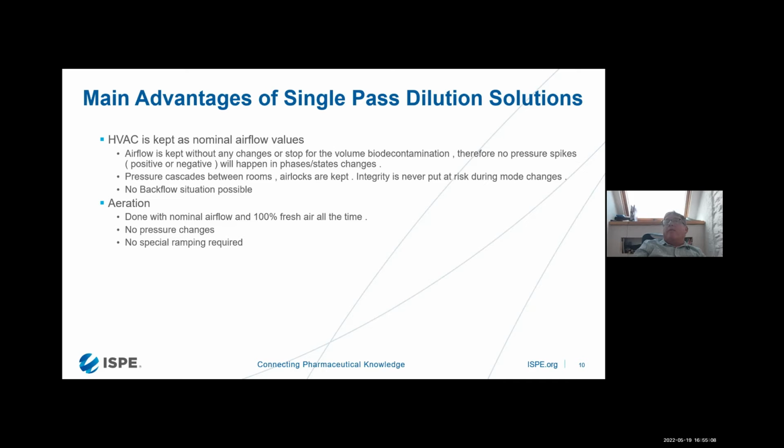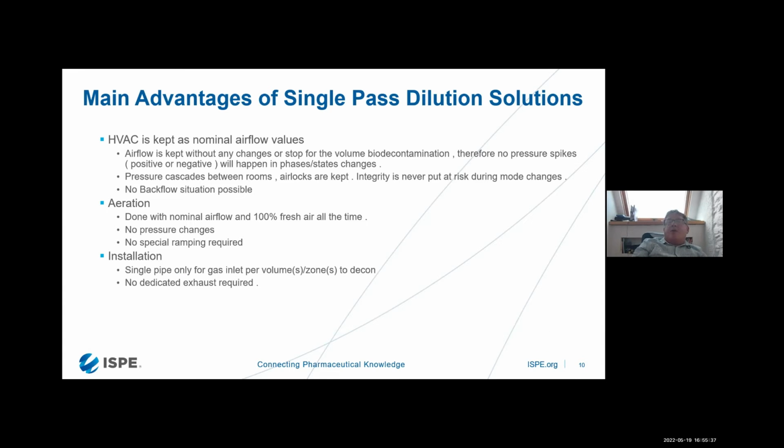Aeration is done with the HVAC at the same nominal airflow. We don't change anything, so we don't change the pressure. There's no special ramping required. As I said, there are many times pressure spikes when people restart the HVAC. To try to avoid that, ramping is installed in the HVAC logic, but here there is no need at all because we don't stop anything.